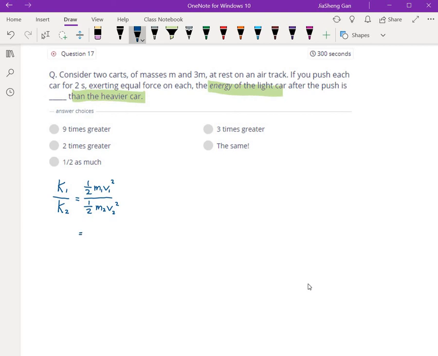Okay. So we know that 1 and 2 have the same momentum, same initial and final momentum.